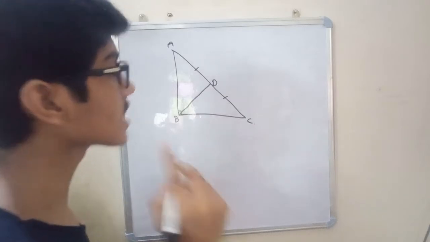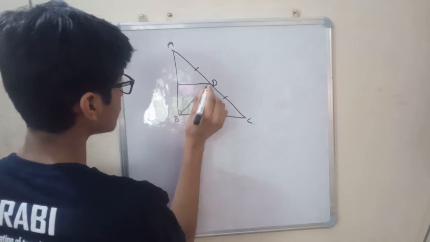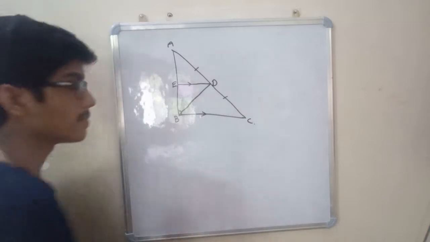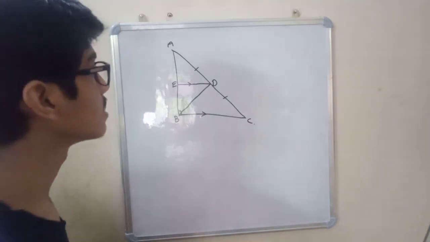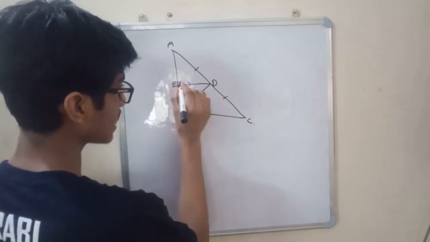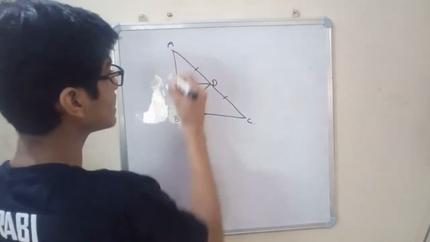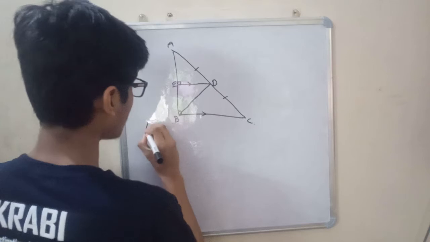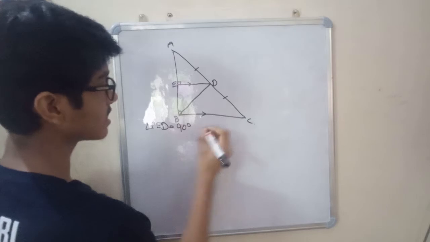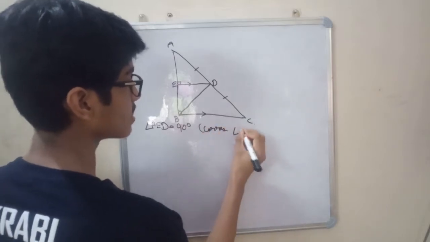First thing, we are going to do a construction. We are going to draw a line, for example ED, which is parallel to BC. Now see, these two lines are parallel, so this angle and this angle are going to be corresponding angles. Therefore, angle AED would be equal to 90 degrees, as these are corresponding angles.